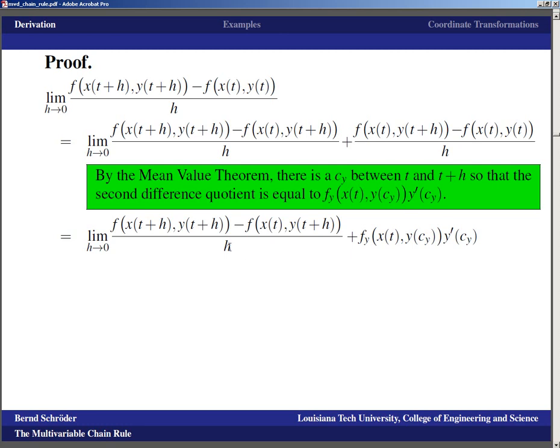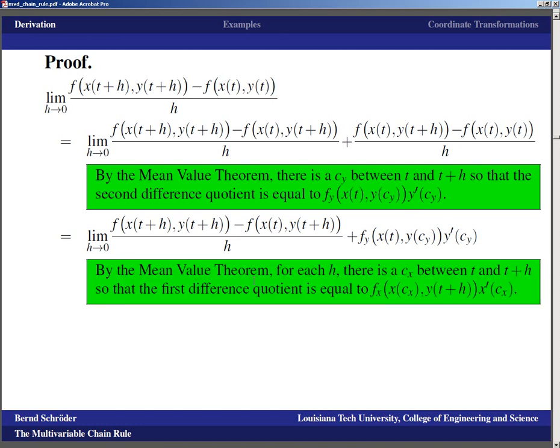On this one here, it gets a little bit more complicated, because here we have, of course, that h also. So here we have to be a bit more careful, but again, by the mean value theorem, for each h, if we do this for every h in particular, then this is something that goes from x of t to x of t plus h, and so there is a cx between t and t plus h, so that the first difference quotient is equal to the partial derivative of f with respect to x at x of cx and y of t plus h, times x prime of cx.